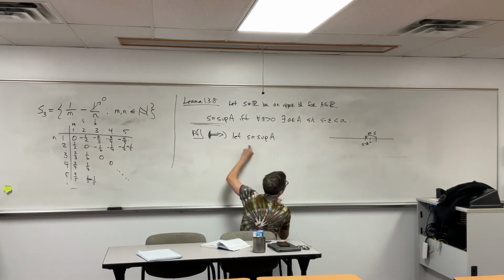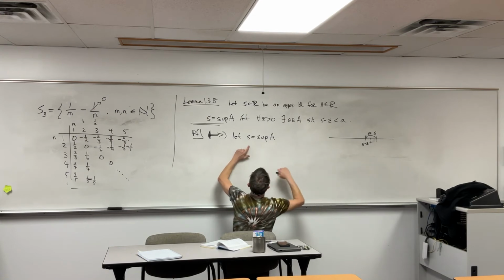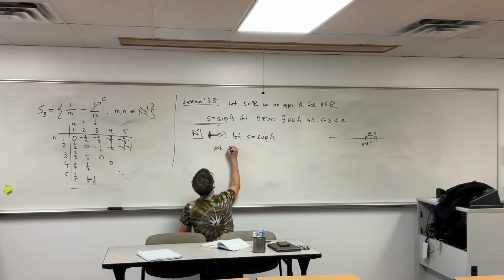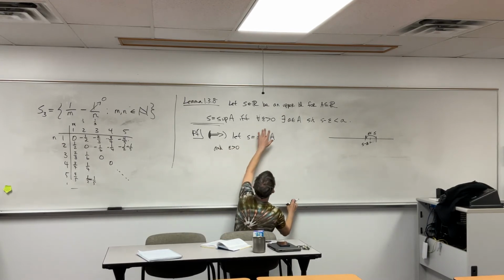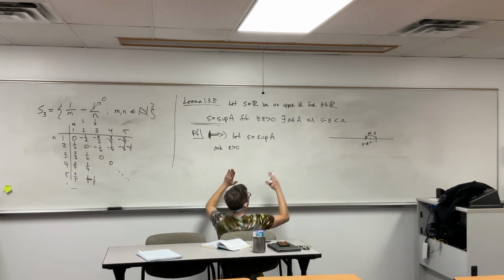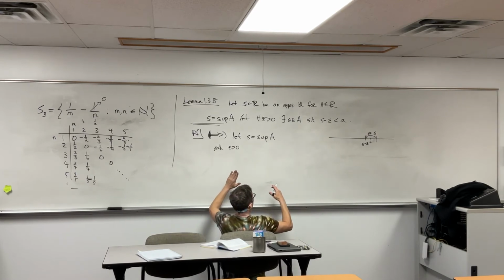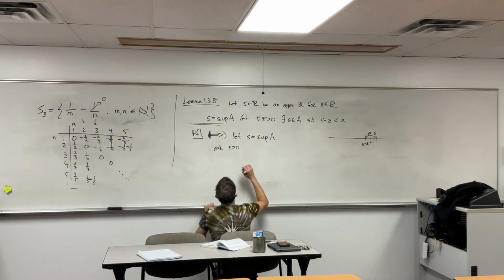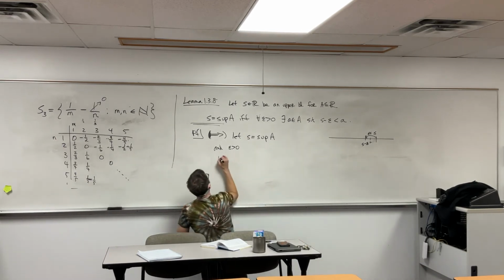So let S equal the sup of A. I got this picture going up right over there. And let epsilon be greater than 0. So now I'm going to consider S minus epsilon. And I want to argue that there has to be some element of A to its right. So let's actually write this as a question.